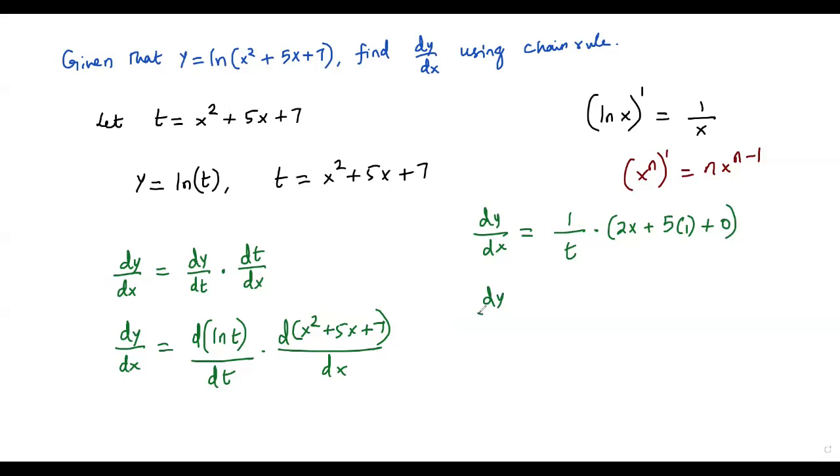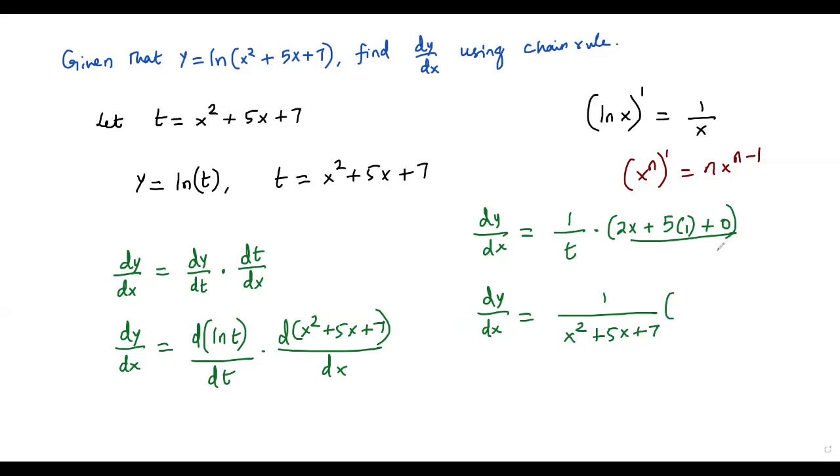So dy/dx equals 1 over... actually, t is a variable taken by us, so we should not give our answer in terms of t. It has to be replaced by the original expression, x² + 5x + 7. So I'm getting 1 over x² + 5x + 7.